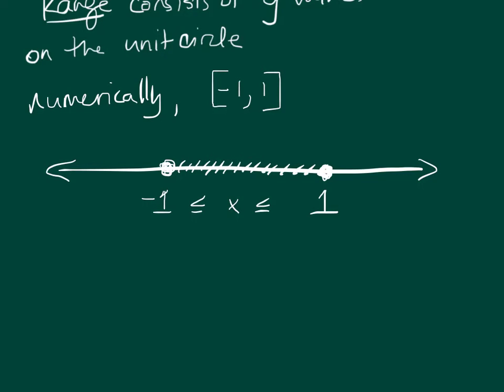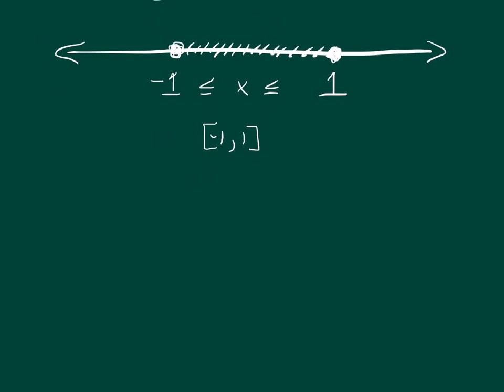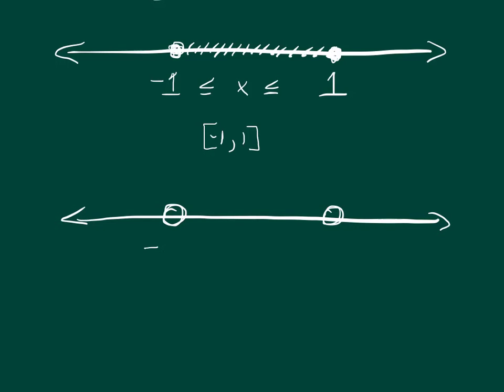And I write that with these square brackets. I could also poke a hole at those spots, and that would be without the equal sign. Exactly.